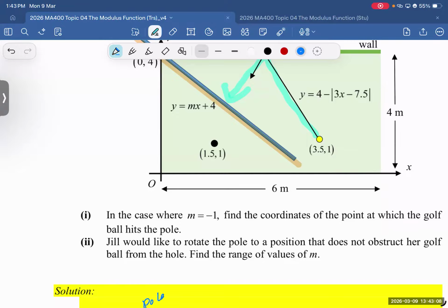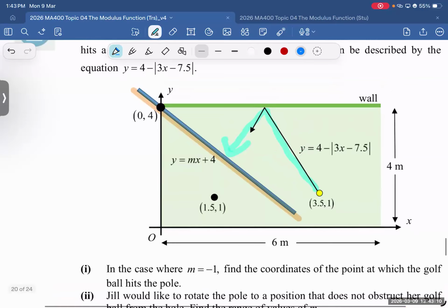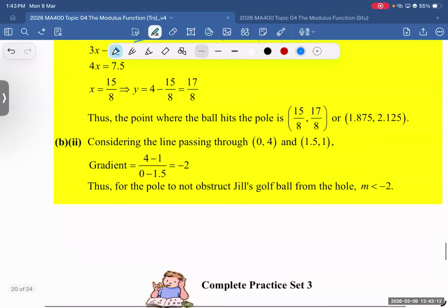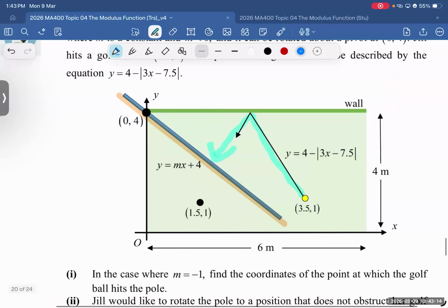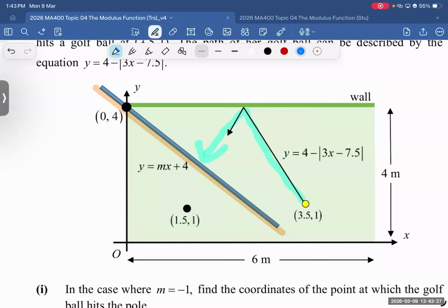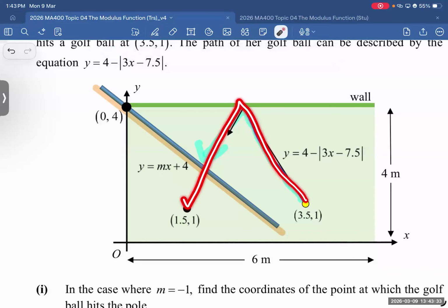Basically, what you want is, if I look at part B, you're still listening? I feel quite lonely. Are you still listening? Okay. Now you must use common sense. This will go this way. You want it to go this way, and you want it to go inside the pole.